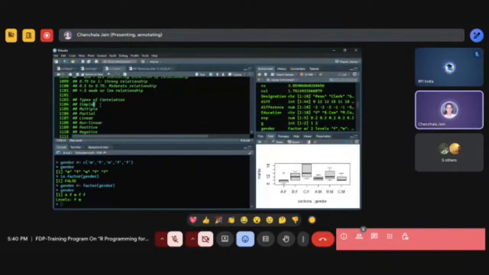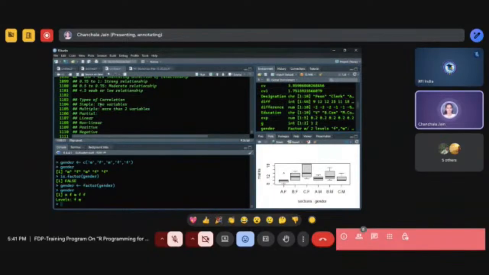When I say the first one, the simple one, simple correlation is what? When you are interested to measure the relationship between two variables, this kind of correlation is called simple correlation. In case of multiple correlation, we want to measure the relationship between more than two variables, so we can call it multiple correlation.